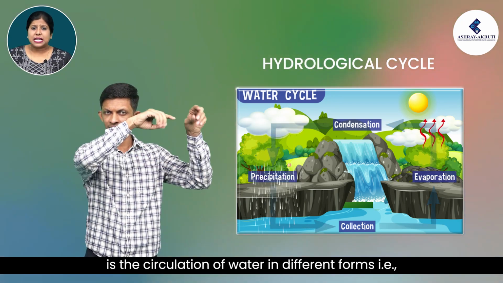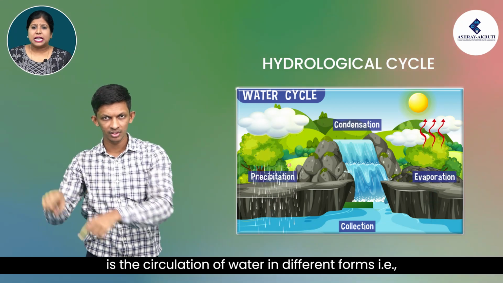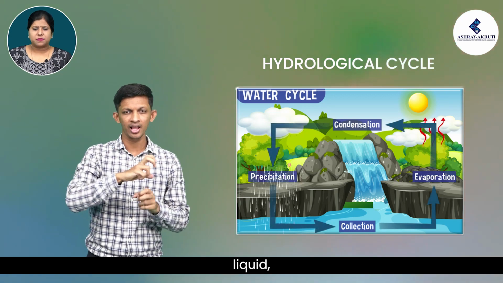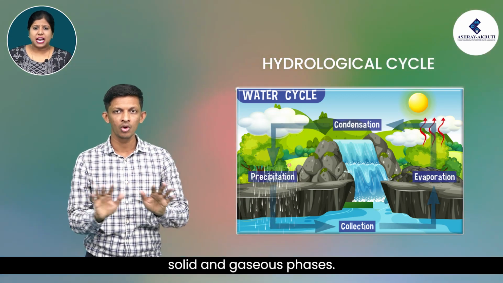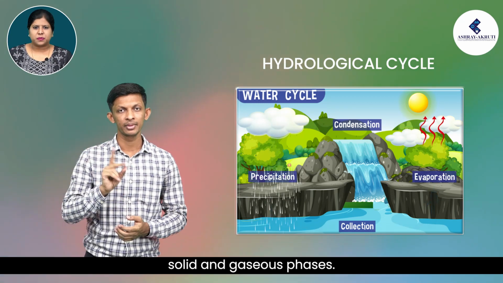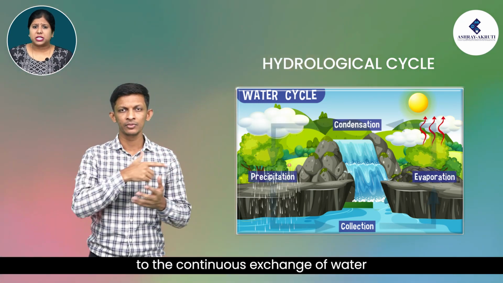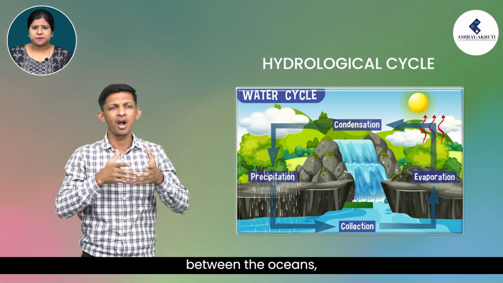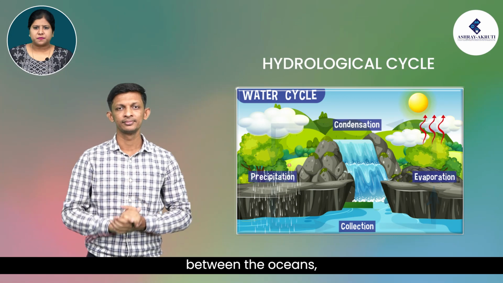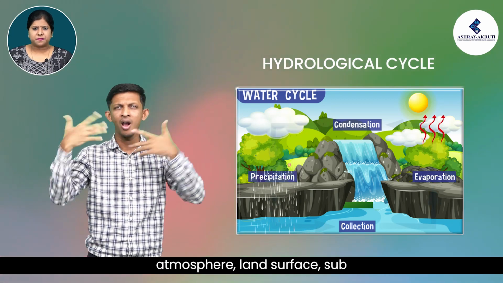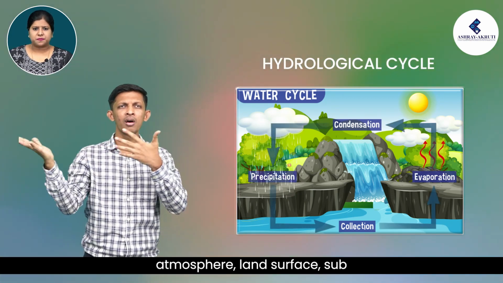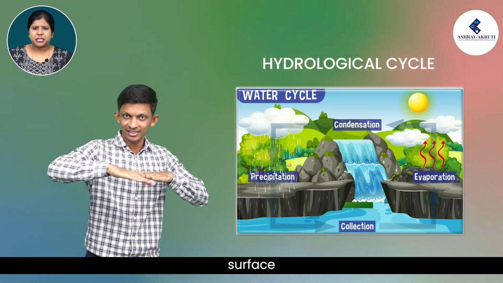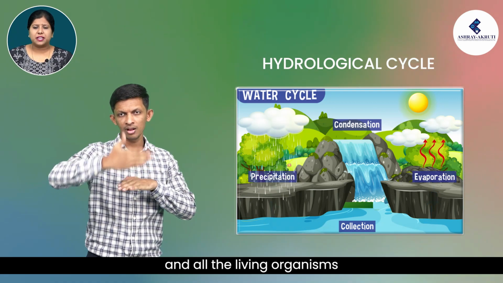Hydrological cycle is the circulation of water in different forms, that is, liquid, solid and gaseous phases. It also refers to the continuous exchange of water between the oceans, atmosphere, land surface, subsurface and all the living organisms.